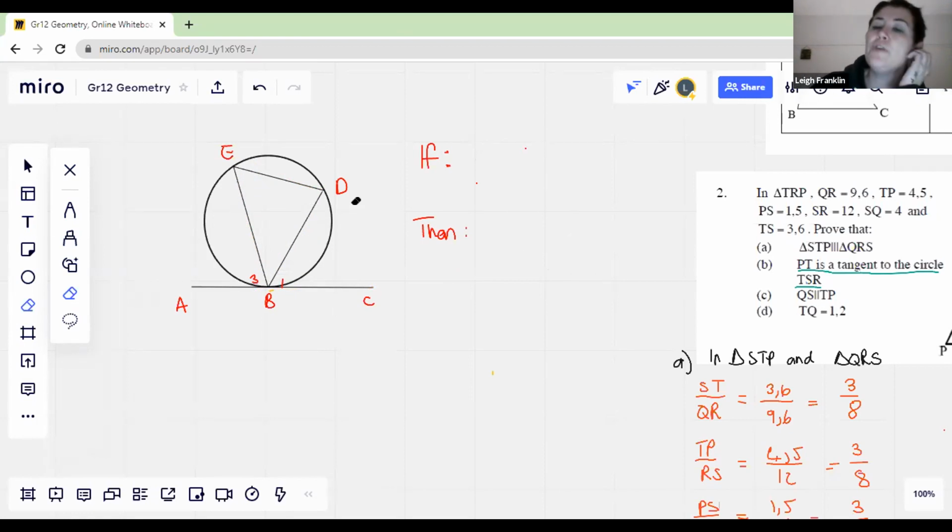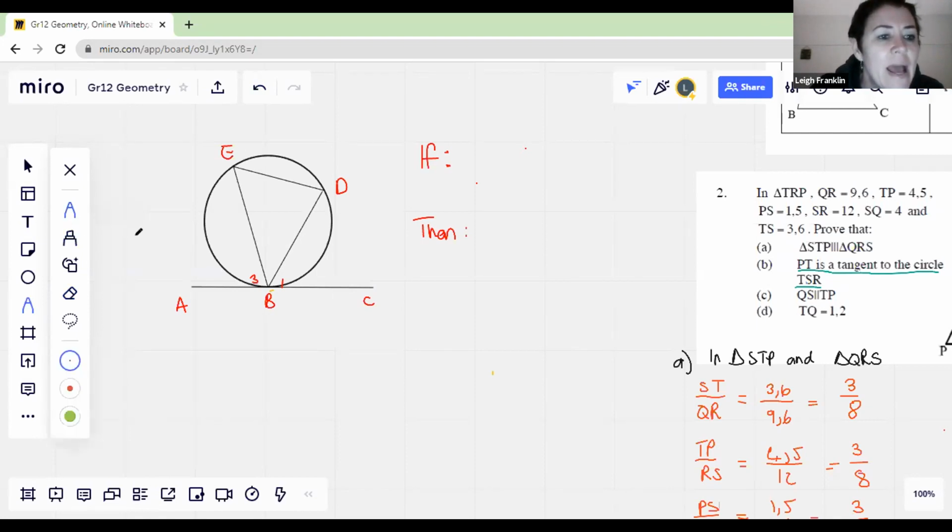Yes, you can do that, but then what you're doing is you're actually talking about cyclic quads. You're not talking about tan chord. Exterior angle equals opposite interior angle is another way of saying the exterior angle of a cyclic quad is equal to the opposite interior angle of a cyclic quad. So it's not tan chord theorem, it's one of the other theorems. Thank you, ma'am. Okay, no problem.